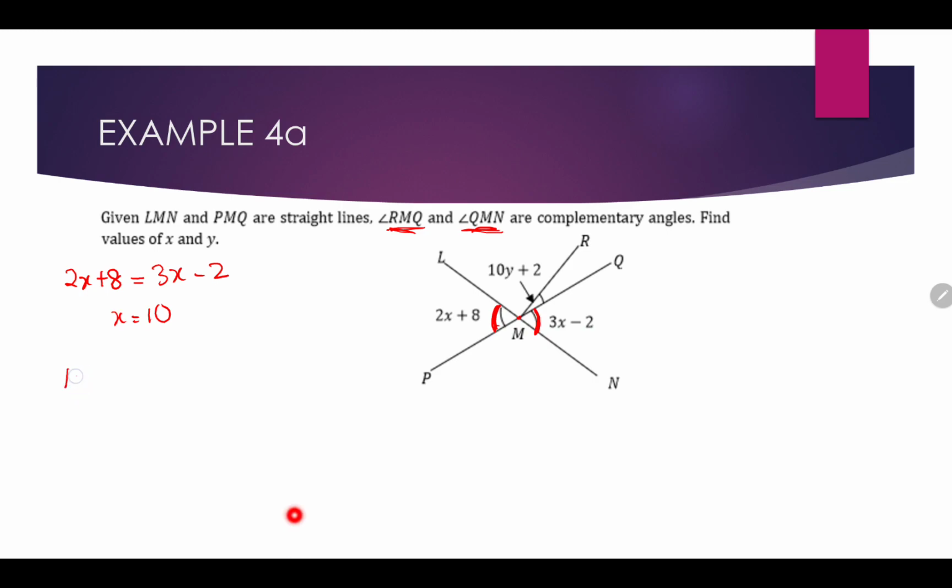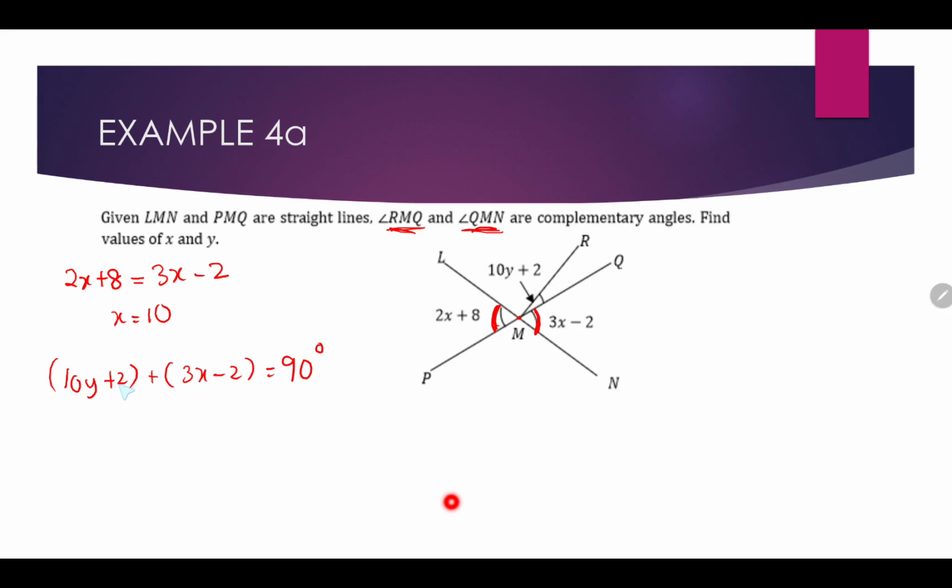So we can put 10y plus 2 plus the second angle, which is 3x minus 2, equals 90 degrees. Okay, and then we substitute the value of x, which is 10, and then 10 minus 2 equals 8. 10 times 3, 30, nak minus 2.